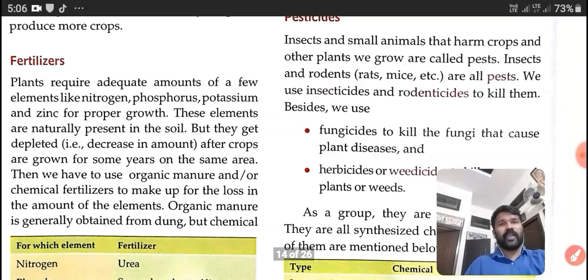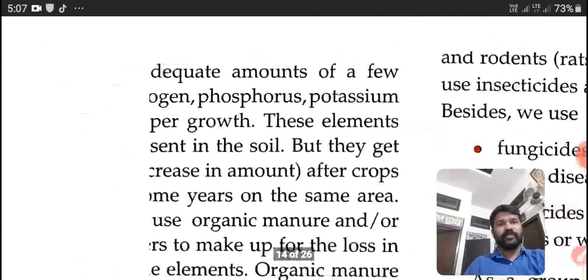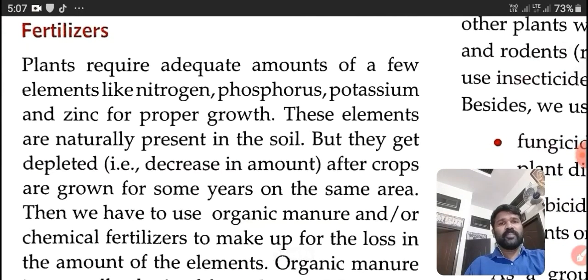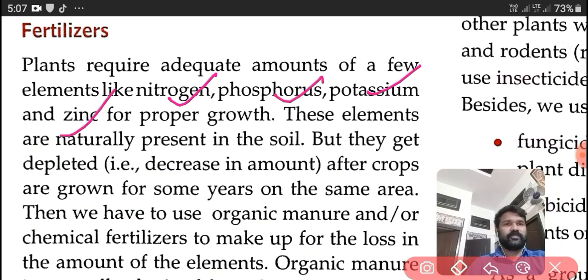Plants require adequate amounts of a few elements like nitrogen, phosphorus, potassium and zinc for proper growth. These elements are naturally present in the soil.